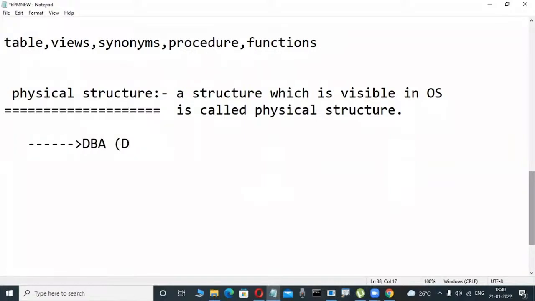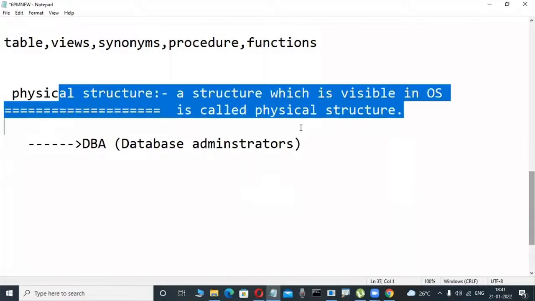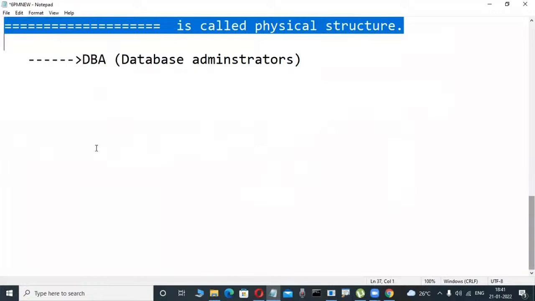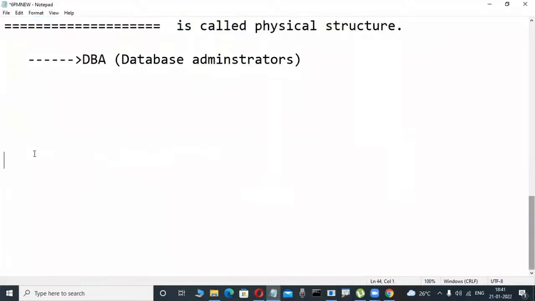Actually, on the project side there is the database administrator. Some other type of persons are there in a database. Those persons, the database administrators, work on the physical structure. Suppose I am an Oracle DBA, for example, learning the Oracle DBA course.